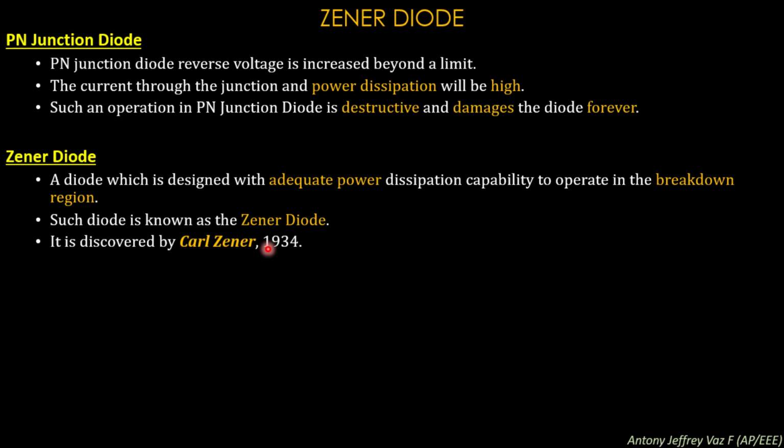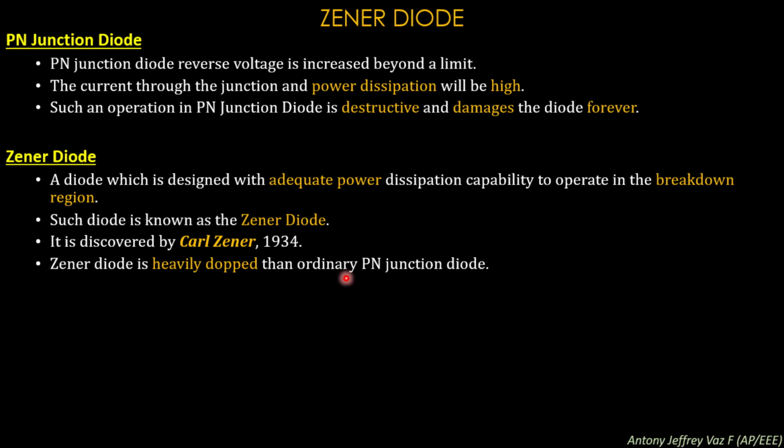It was discovered by Carl Zener in 1934. Carl Zener was a physicist. He discovered the Zener diode while examining the properties of the breakdown region of the PN junction diode. Zener diode is more heavily doped than an ordinary PN junction diode.